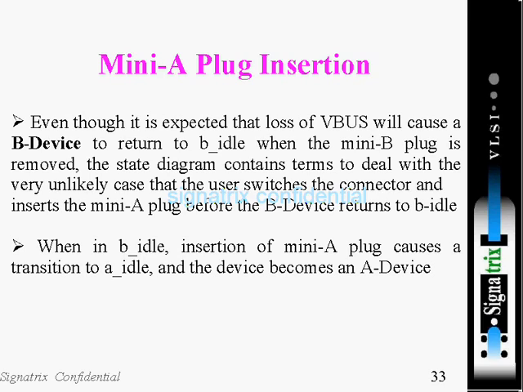Now, are you getting it? You just relate this to that state diagram. And when in B idle, insertion of a mini-A plug causes a transition to A idle. Based on the ID pin, it may go to A idle or B idle. That's what they are trying to say.